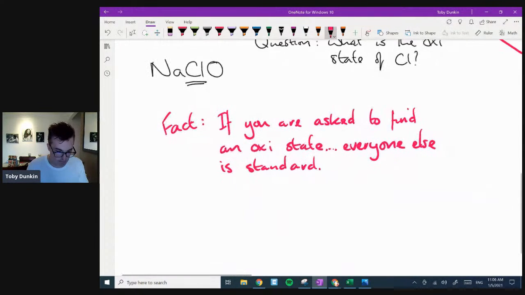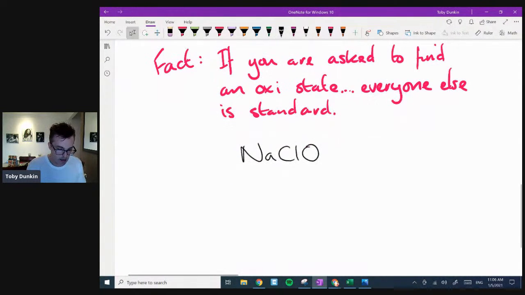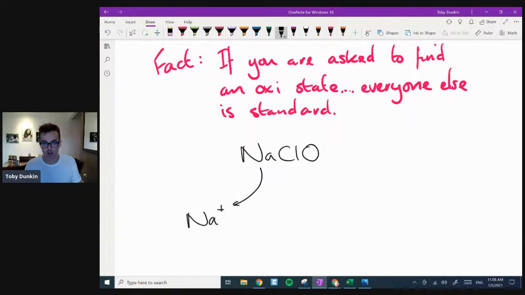So what that now means is I can break up this compound into its various pieces. I know that sodium is going to be a +1 ion. It's got to be standard. I know that oxygen will also be standard, group 6, 2-. Therefore, chlorine is now the non-standard.